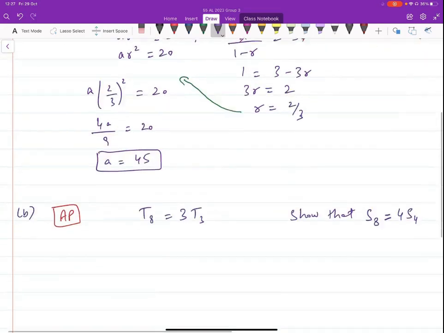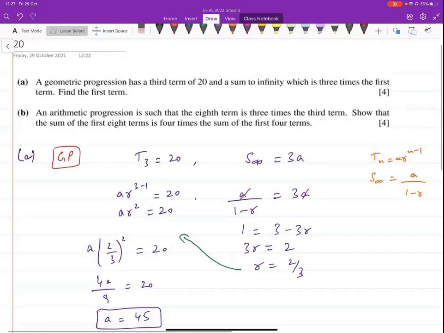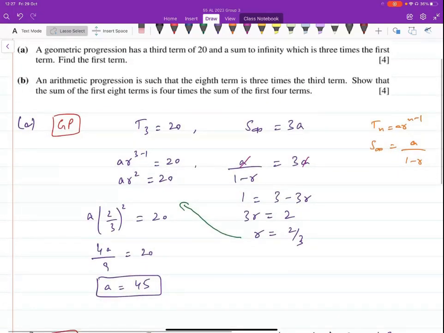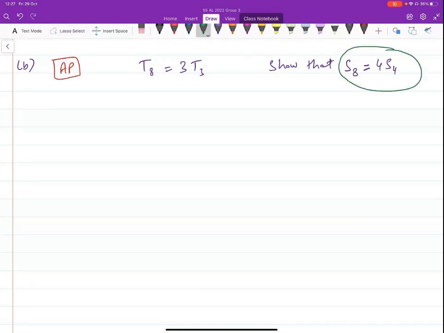This is what we have to show. Okay? And do we have any other information? No. So that's all. We're given that T8 equals 3 times T3, and using that, we have to show that S8 is 4 times S4.